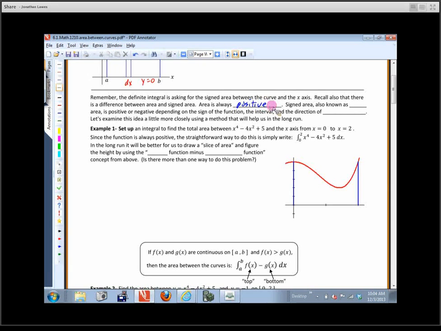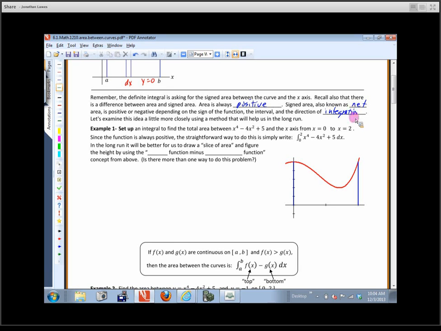So if it says area, we're finding a positive value. If it says signed area, or what was the other way? Net area. Then it can be positive or negative depending on a couple of things. It depends on what the function values are, it depends on the interval, and it depends on the direction of integration.